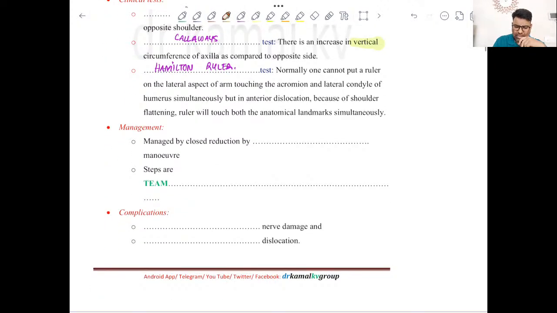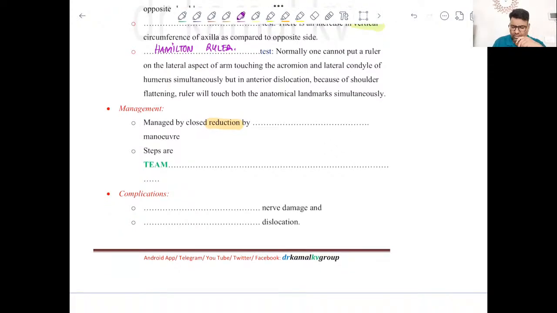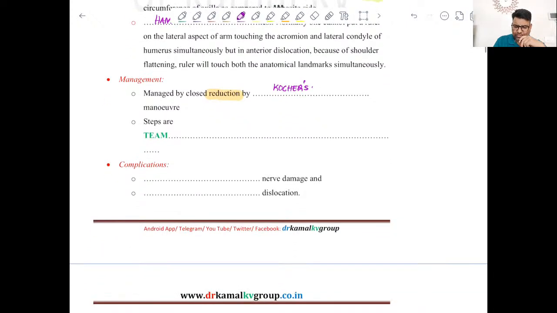Then management, every dislocation is an emergency. We have to relocate the shoulder, or that is known as reduction. So we have to reduce dislocation as early as possible. And for shoulder dislocation, we use one maneuver that is known as Cocker's maneuver, and the steps can be remembered by the mnemonic TEAM, right?